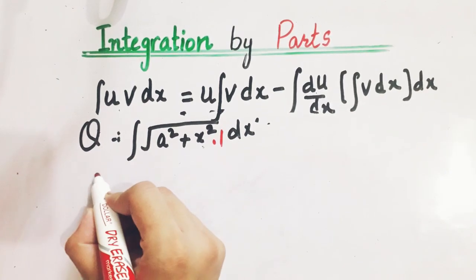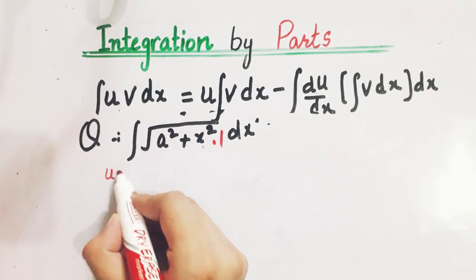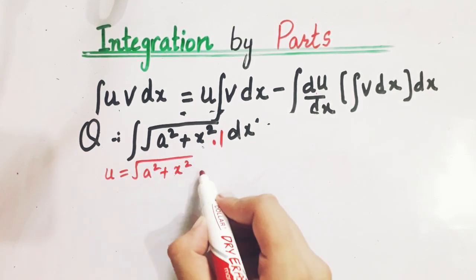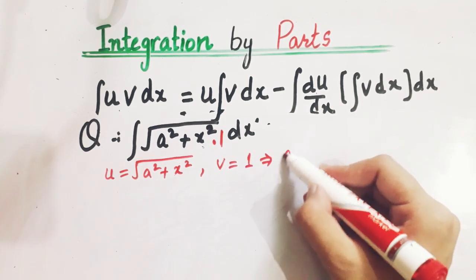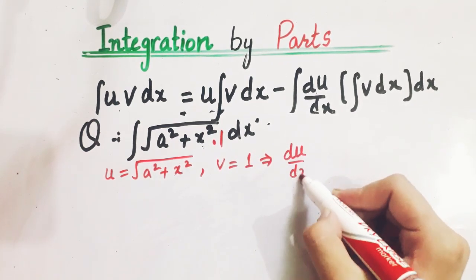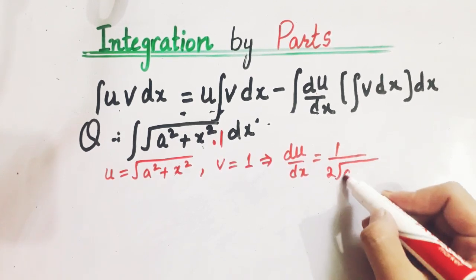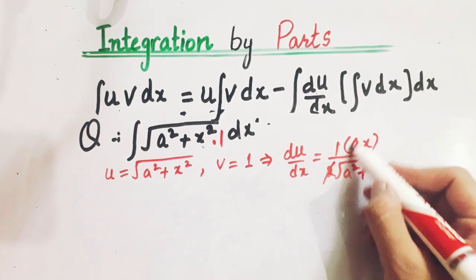So we will consider the first function as this one: u equals square root of a square plus x square, and v equals 1. This means that du by dx equals 1 over 2 square root of a square plus x square times 2x, and 2 and 2 are cancelled out.